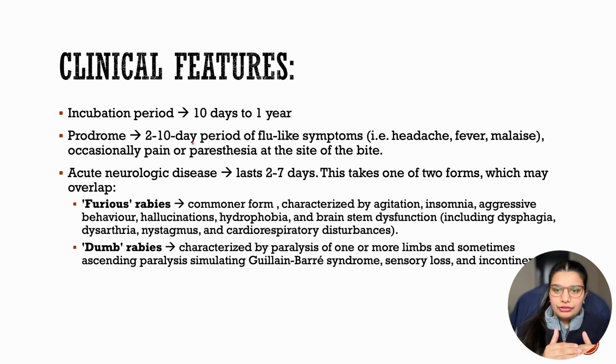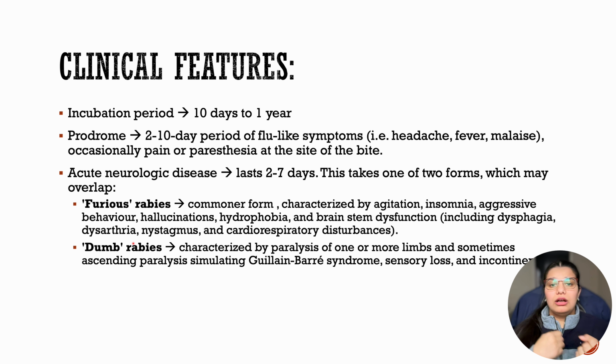After the prodrome period, it can progress to the acute neurological disease, which can last from 2 to 7 days, and it has two major forms of presentation. Either it can be furious rabies or dumb rabies. Furious rabies means highly aggressive; this is the name of the presentation.